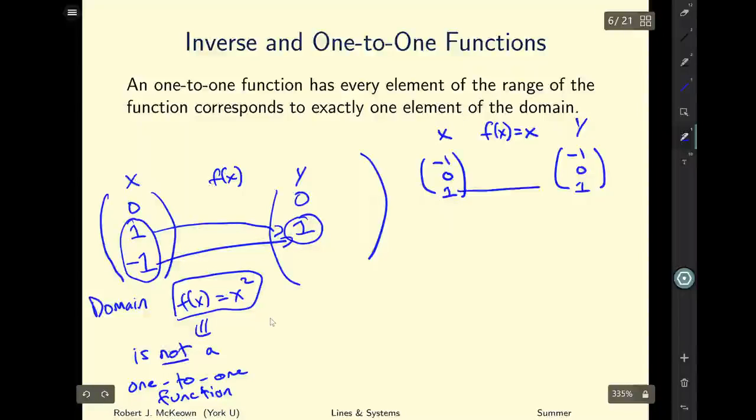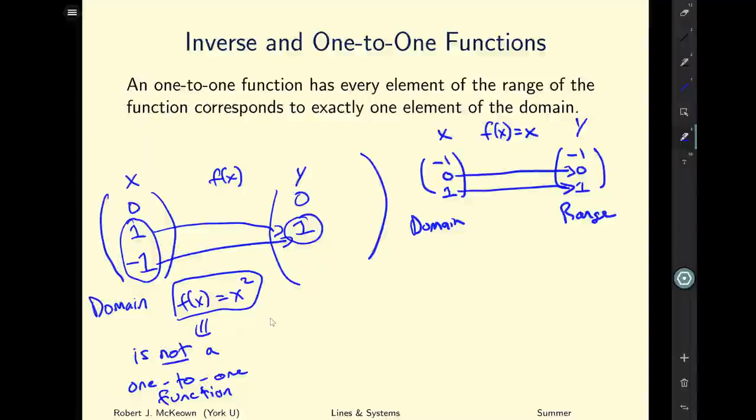And notice that each number in the domain leads to a unique number in the range.